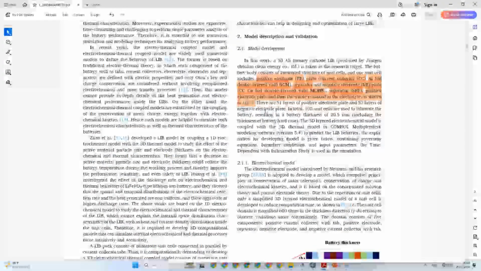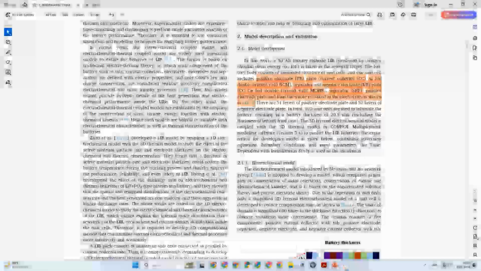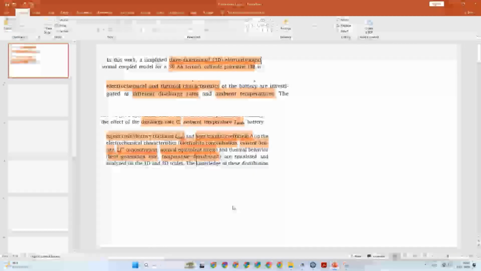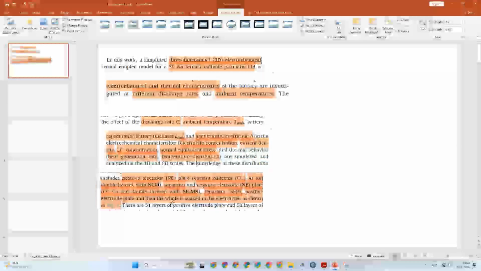There are 51 layers of positive. Let me take a screenshot from that. Okay, so I bring it here.